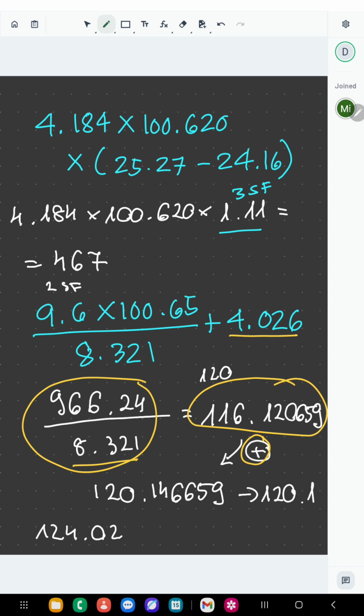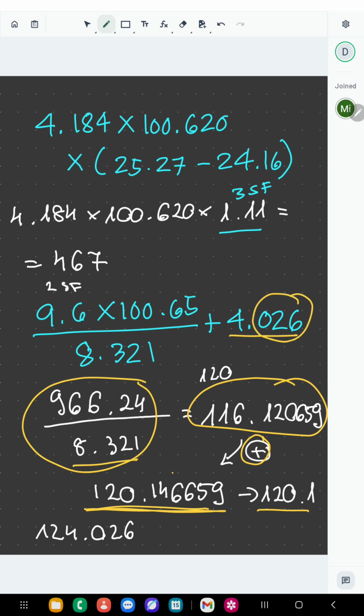Okay, we mixed up the multiplication and addition. Yeah. Okay, this is what we got. This is what you got, right? For adding. And the rule for addition and subtraction, the least decimal places. So you answered here 120.1. You were counting the significant figures. Its least decimal place is 3.